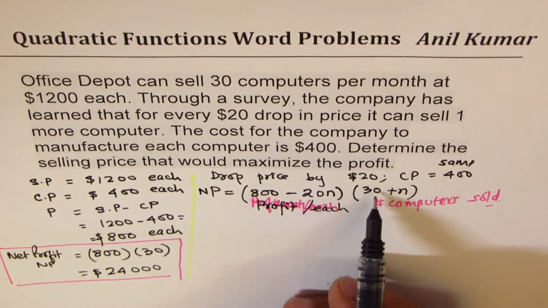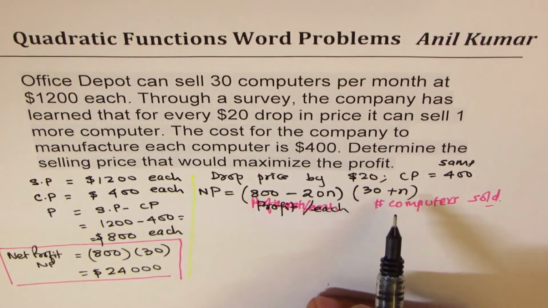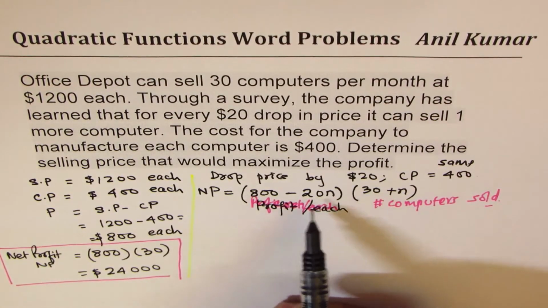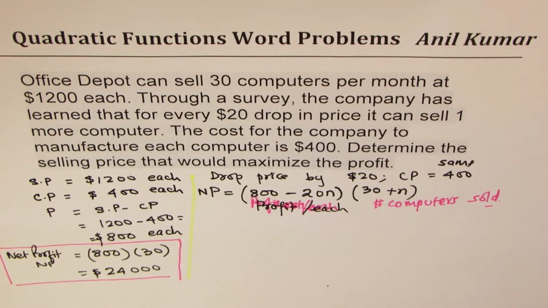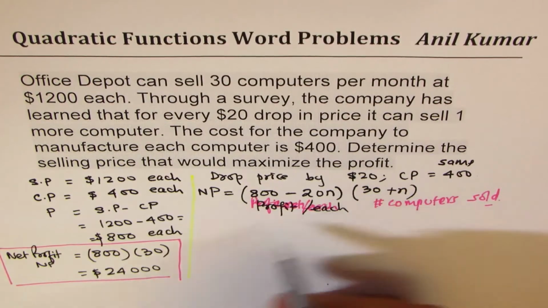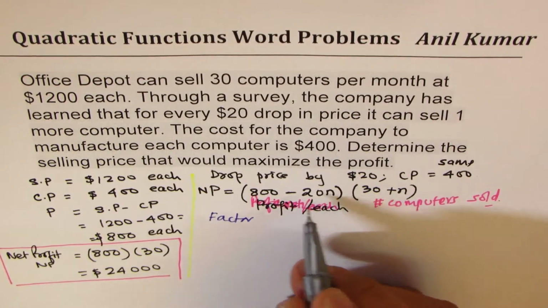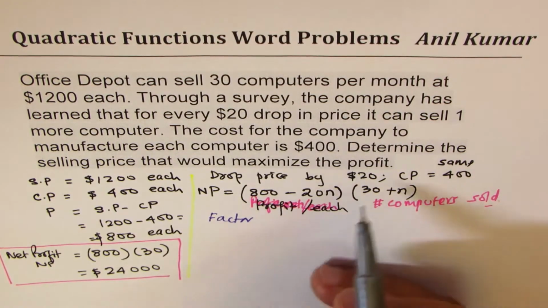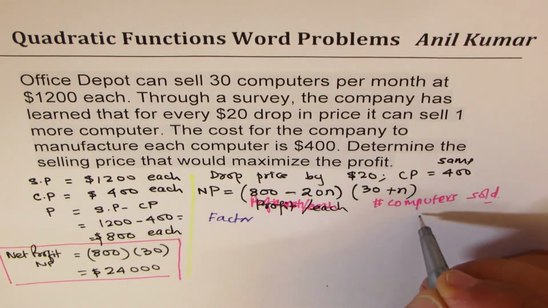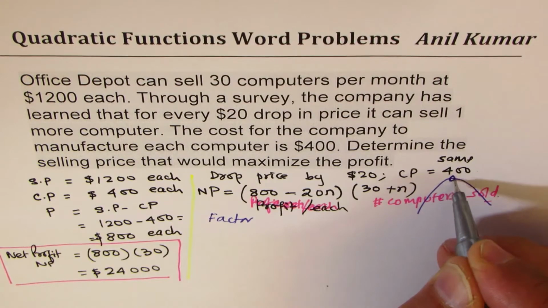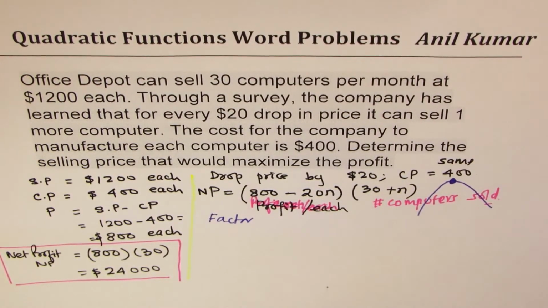Now, you could actually expand and do completing the squares, but I'll show you how to do it with factoring. So that's an alternate method. So we'll factor and then show you the result. As you can see, minus n square means the parabola is kind of like this, so we expect a maximum, correct?